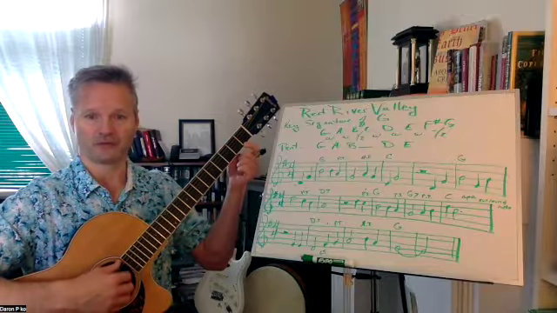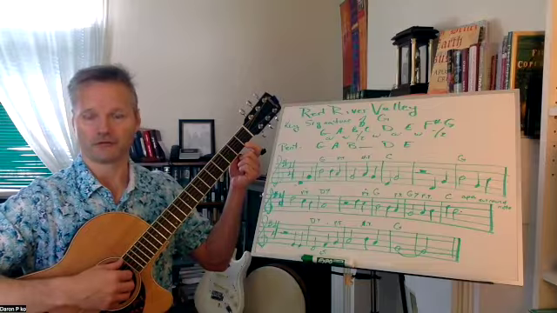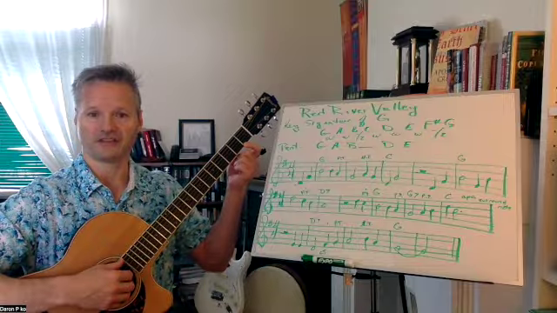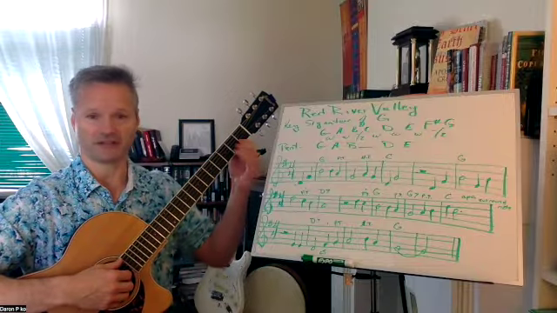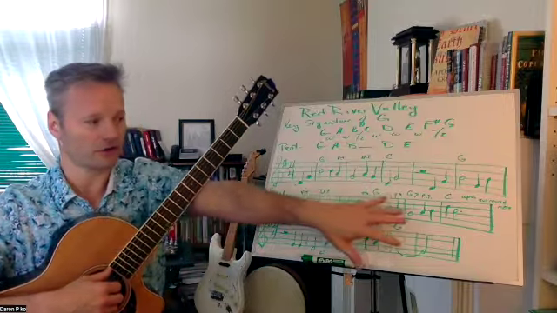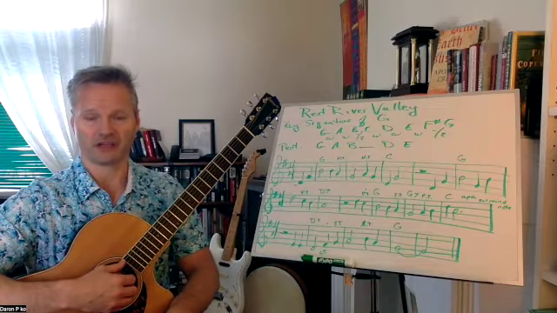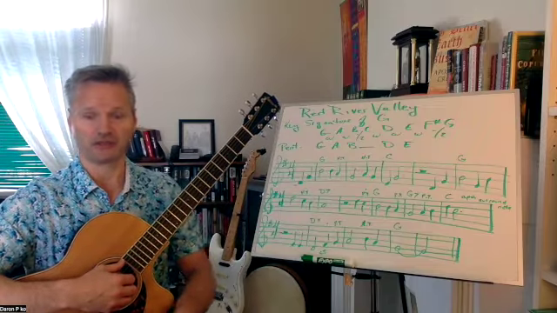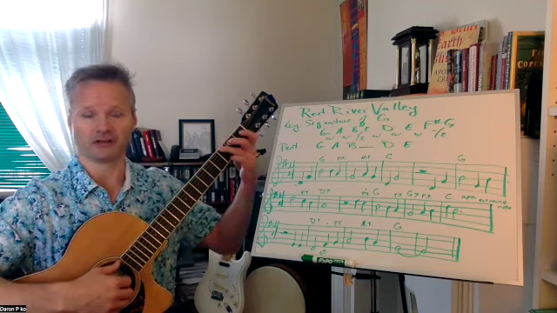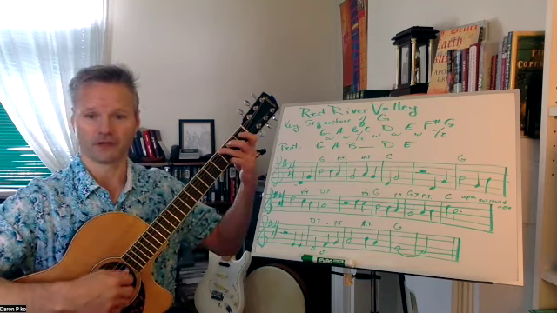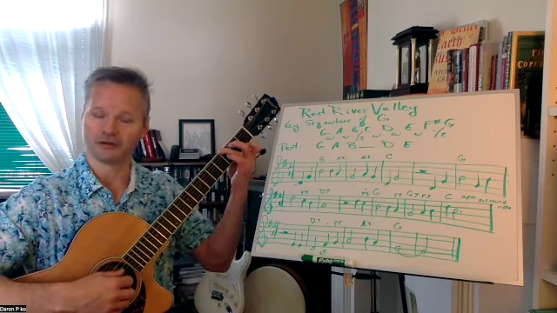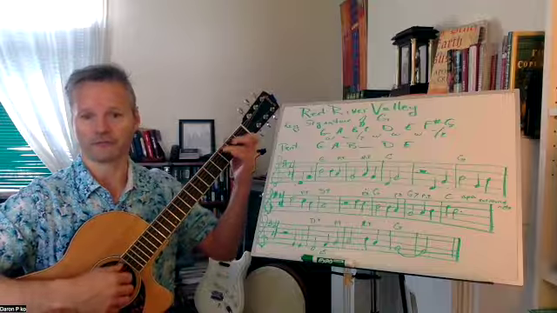G dominant 7 with an F natural, you'll remember, is from the key of C. C has F naturals when G has F sharps. So this is a borrowed chord from the key of C. Very popular in folk music, hymnal music, jazz, blues, to allow you to hear this G chord leading you down to the 4 chord.